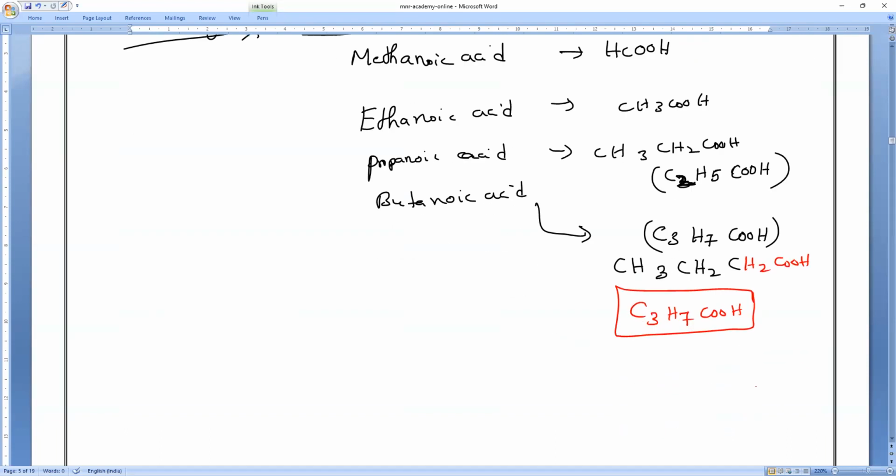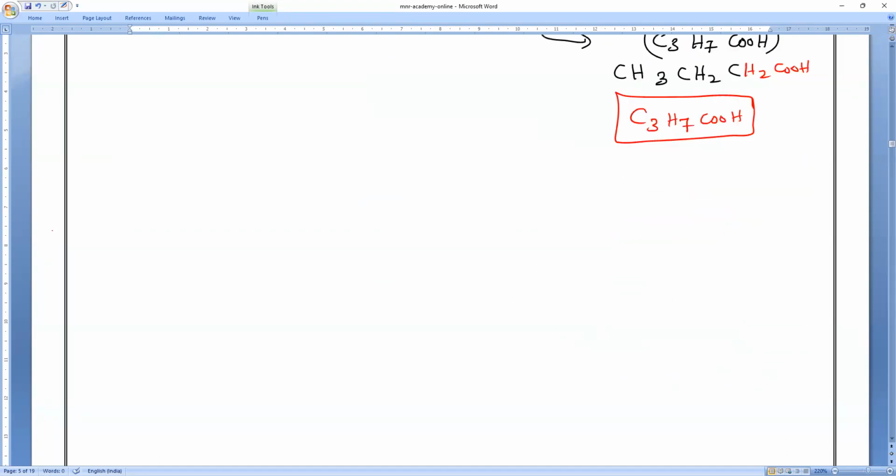One more thing I want to say about the alkanes. As we studied in our environment chapter, CFC, chlorofluorocarbons, we can also call it difluoromethane. Note it, everybody. What is the structure, do you know? 2 fluorines and 2 chlorines.